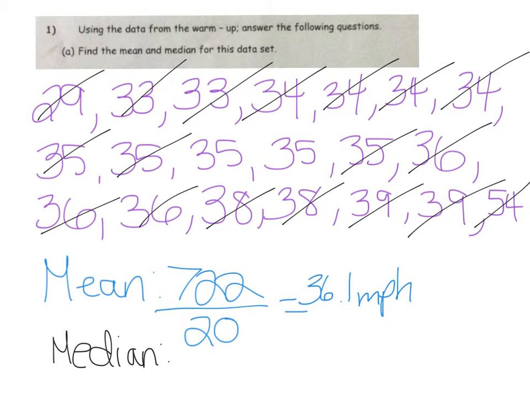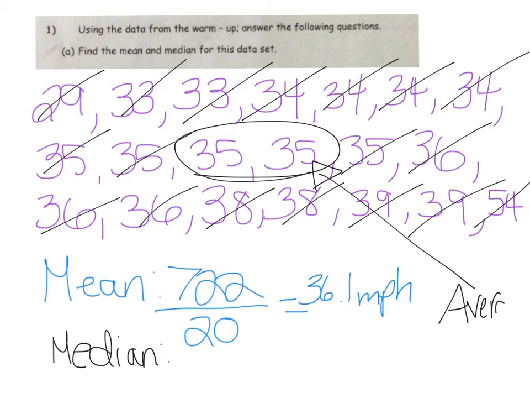Alright, now I get down to 2 numbers left, and I don't want to cross them both off. What I'm going to do is I'm going to find the average of those 2. So that's going to give me the median. Well, it just so happens that these are the same numbers. So when I add 35 plus 35, and divide that by 2, I get 35 again.